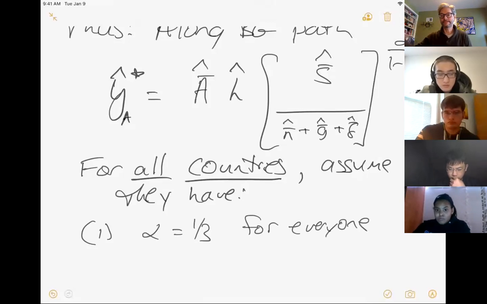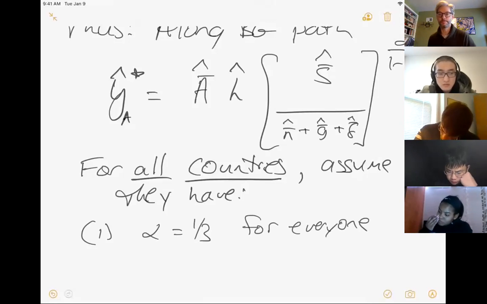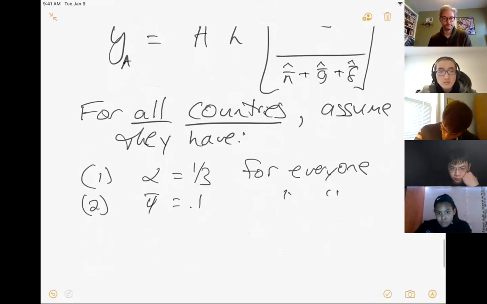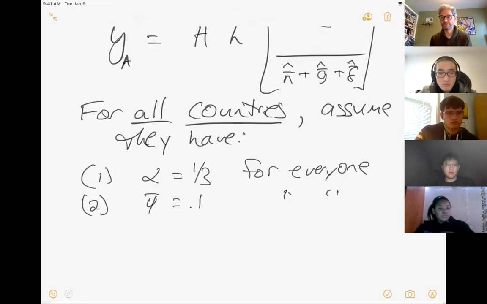We're going to take this out of the explanation of why some countries are rich and some countries are poor. Let's assume that psi is equal to 0.1 for everyone, because we do not have data on what the return to education is for every single country. We have it for the US and some developed countries, but we don't have it for every single country. So let's just assume it's the same across countries.